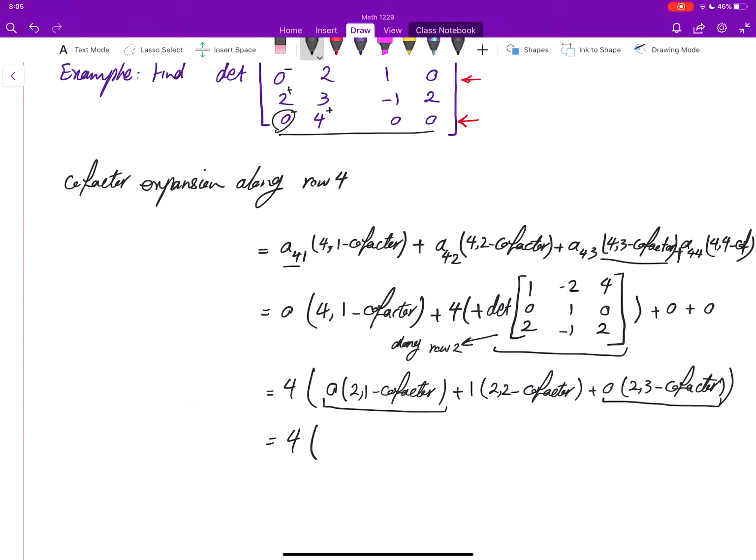So here we need only to compute 1 times the 22 cofactor. Is it plus or minus? Well, I start with plus here, minus there, plus there. So it will be plus the determinant of 1, 4, 2, 2. Yes. And what does that give me?